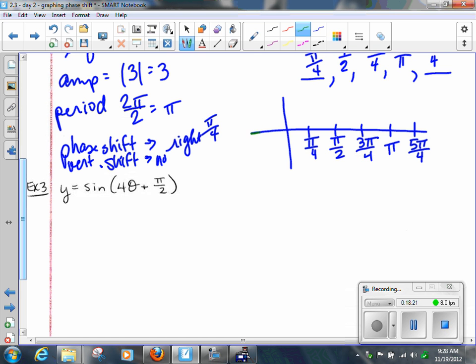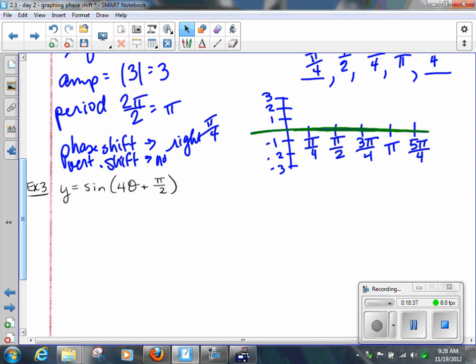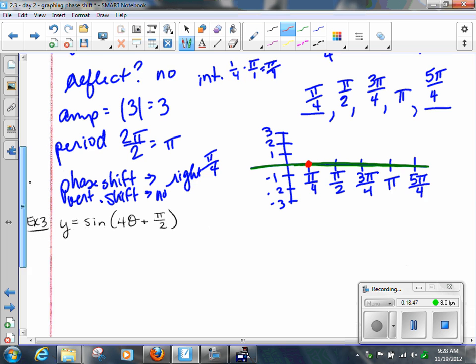Oscillation line is the x-axis, and its sine amplitude is 3. Folks, you need to be sure that you label your axes. It's going to start on the x-axis, and is it going to go upwards or downwards first? It's going to go up because there is no reflection.